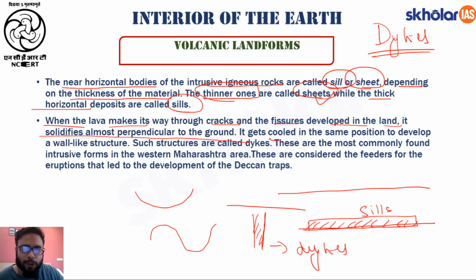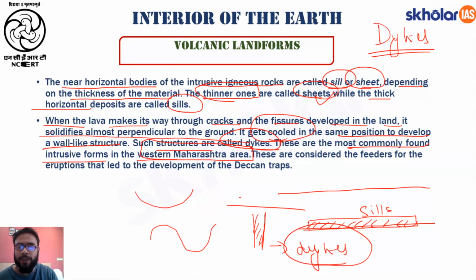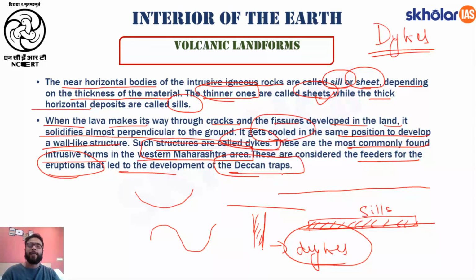It gets cooled in the same position to develop a wall-like structure, and such structures are called dikes. These are the most commonly found intrusive forms in the western Maharashtra area. So your dikes are found where? It is found in the western Maharashtra area, and these are considered the feeders for the eruptions that led to the development of the Deccan Traps, right?